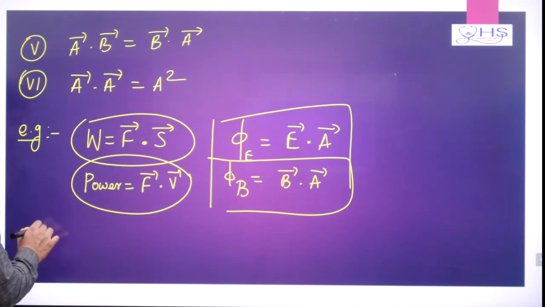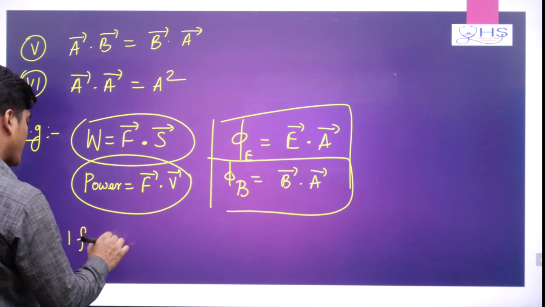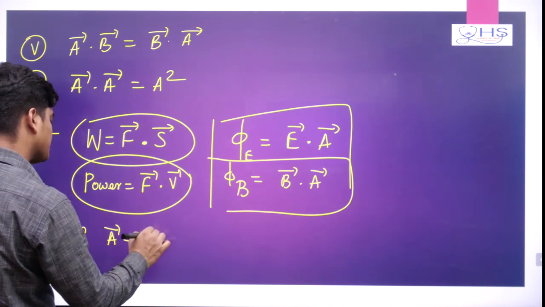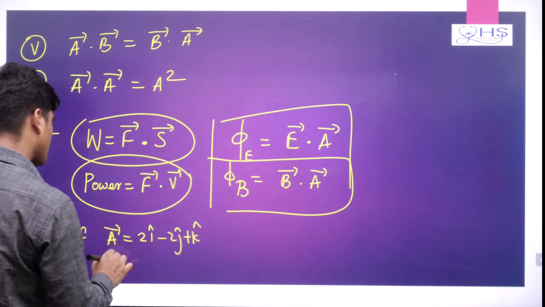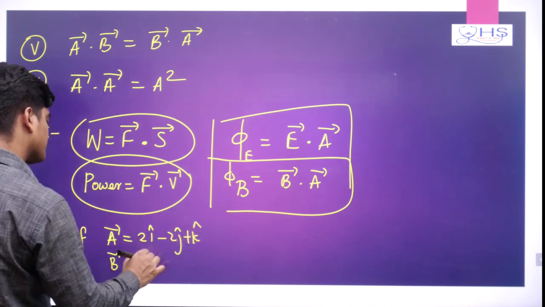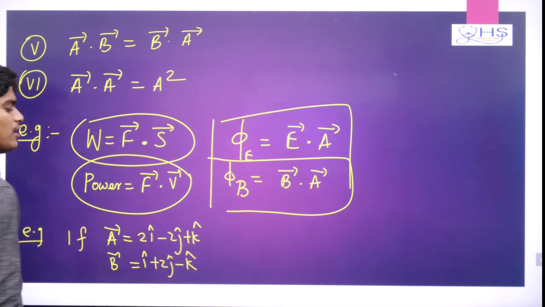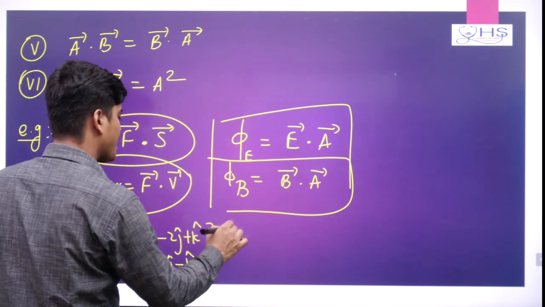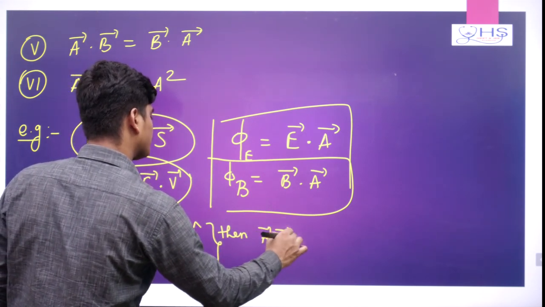Now we will go to the next thing, an example under dot product. Suppose your A vector is given as 2i minus 2j plus k, and B vector is given as minus i plus 2j minus k. They are asking you to find A dot B. What to do here?